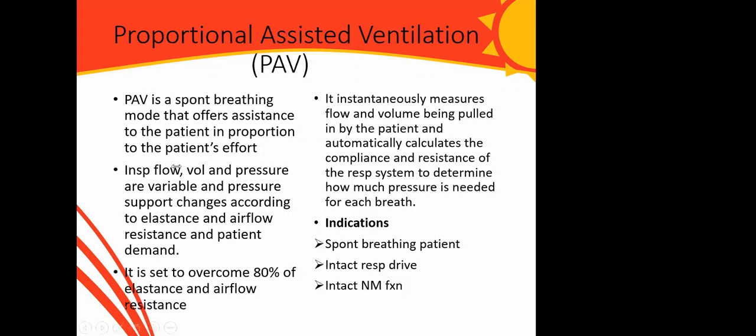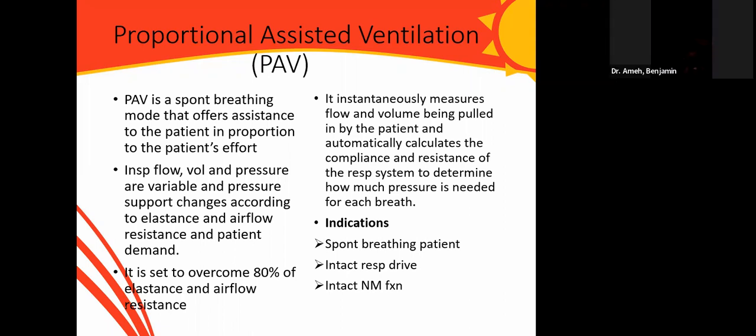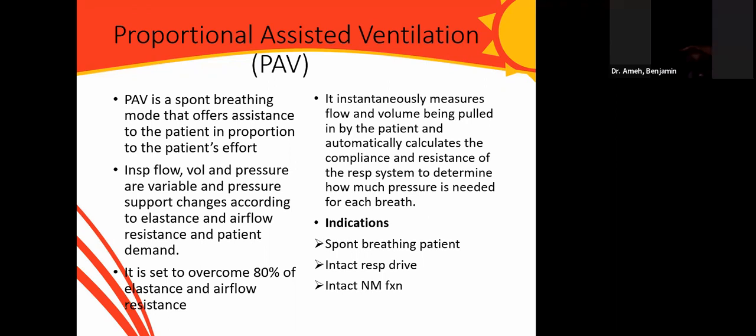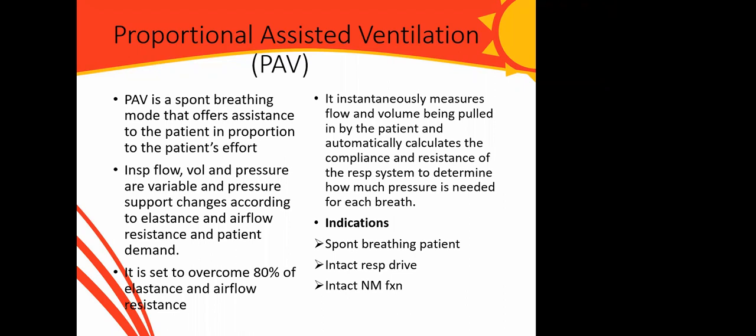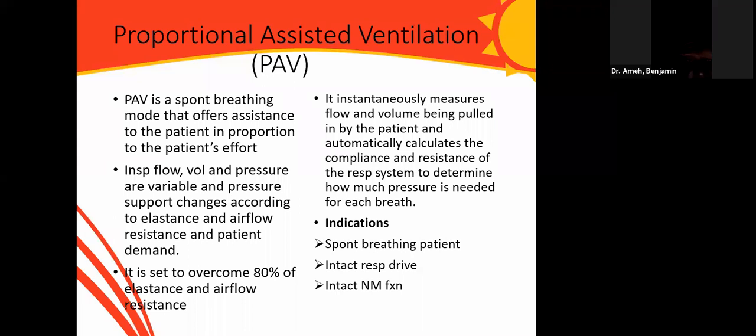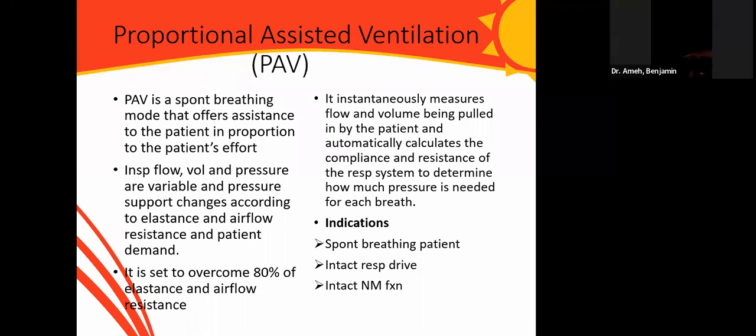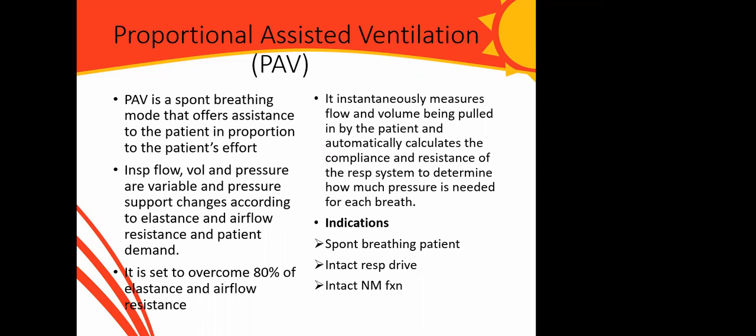That's what we call the proportional assisted ventilation. It's actually a spontaneous breathing mode. What it does is that it helps the patient in proportion to the patient's effort. If the patient is making 25% of the inspiratory effort, the ventilator will provide 75%. If the patient is making 50%, the ventilator assists the patient based on the proportion of the patient's effort.